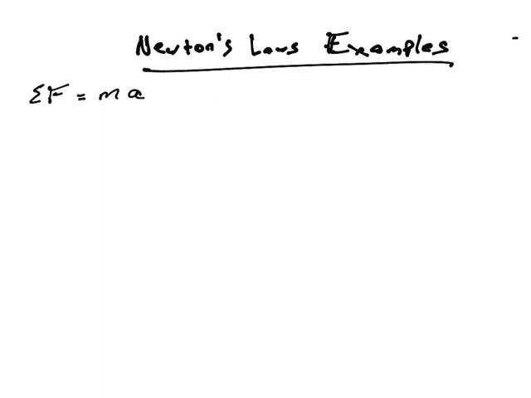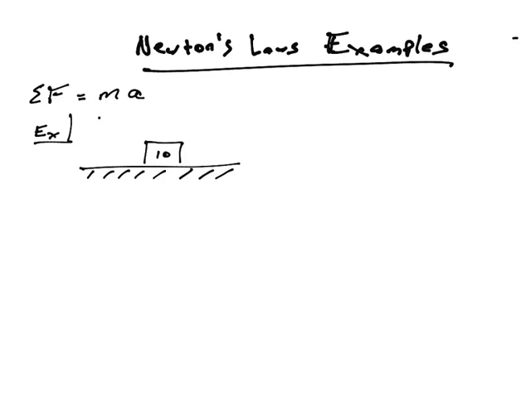And now what this video is going to be about is solving some example problems. So the first example I want to do is we have a nice horizontal floor. A block is sitting on the floor with a mass of 10 kilograms.